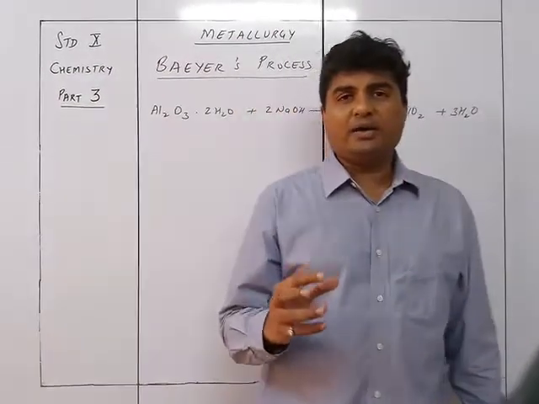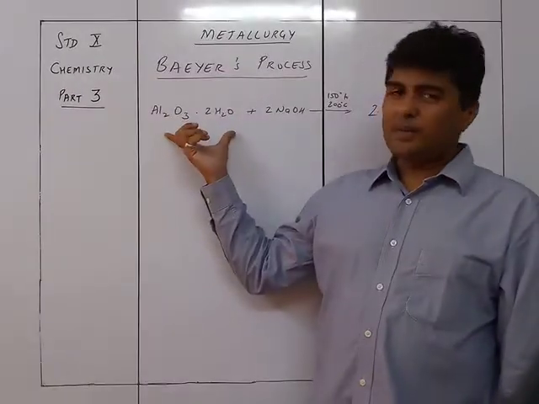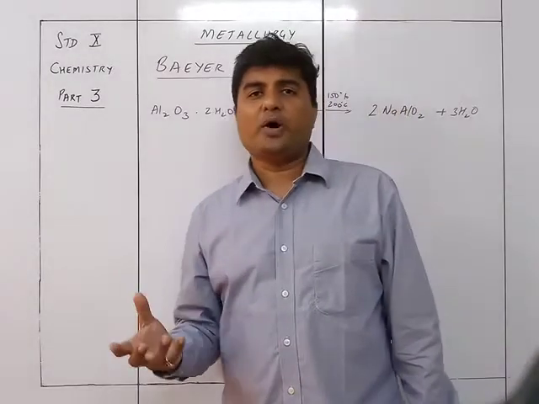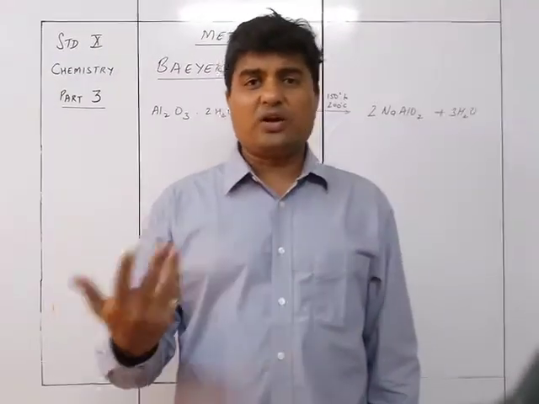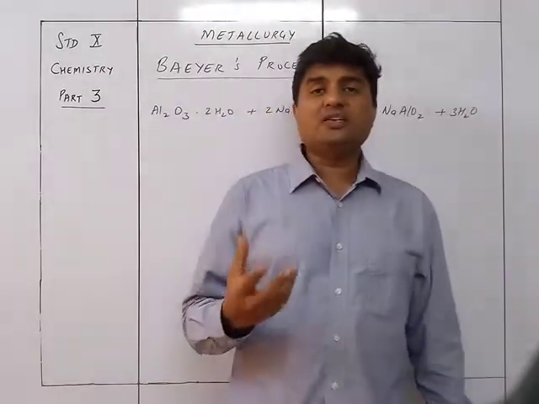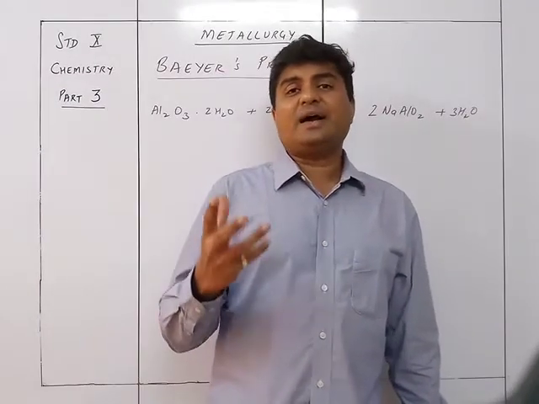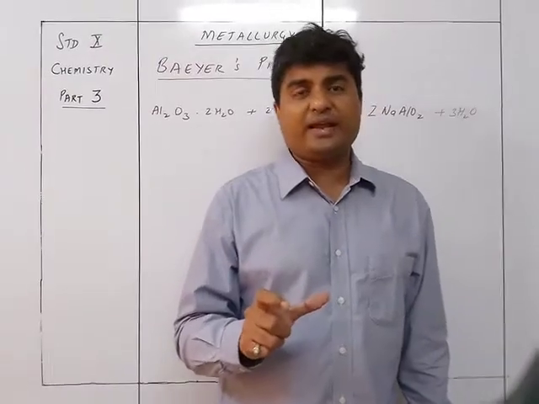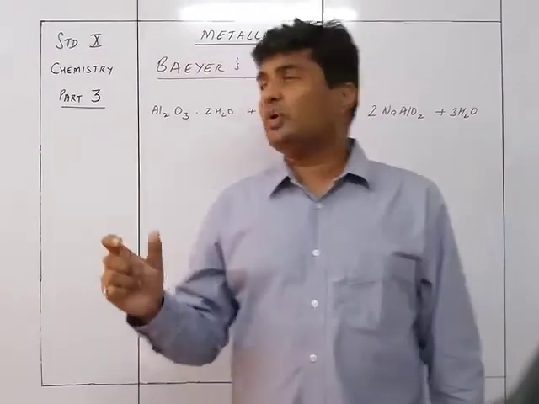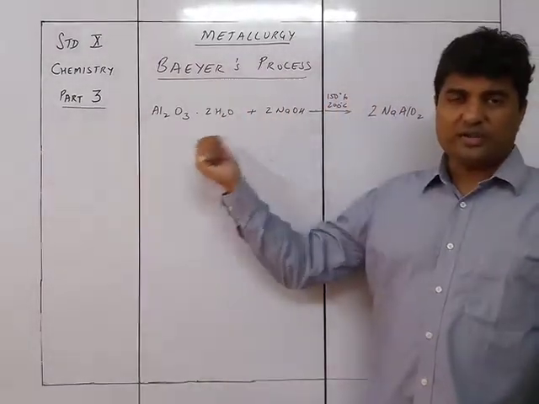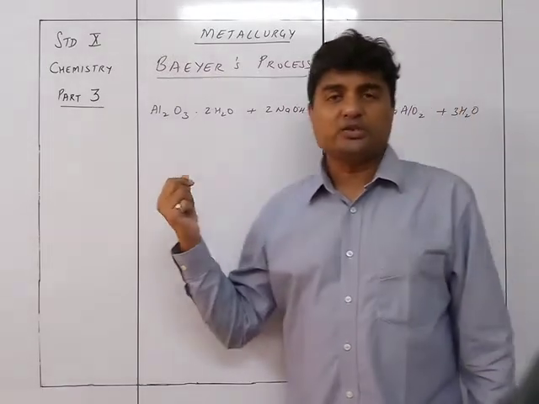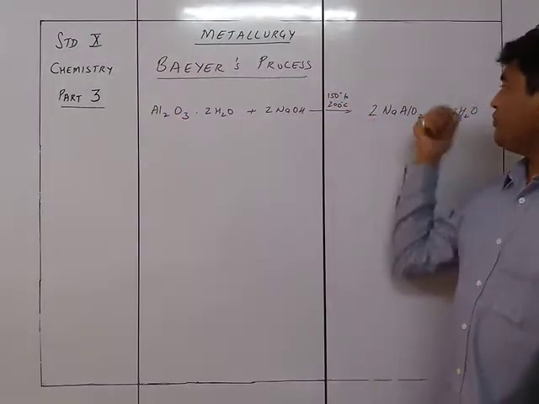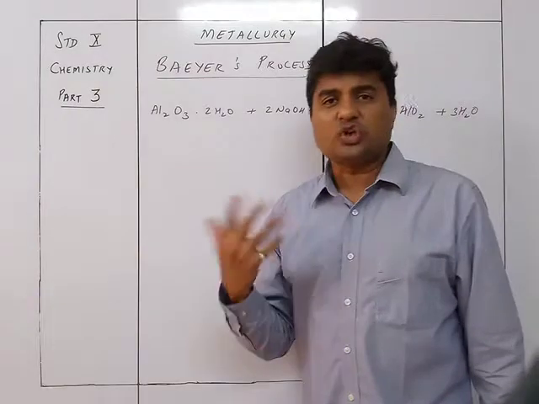The idea over here is that this ore contains lots of impurities like iron oxide and silica. These are not amphoteric in nature, so they are not going to dissolve in NaOH, whereas the alumina forms NaAlO2, which is a soluble salt.